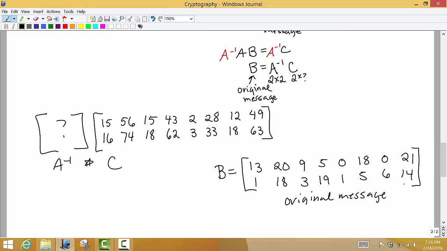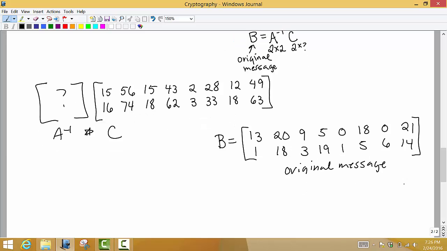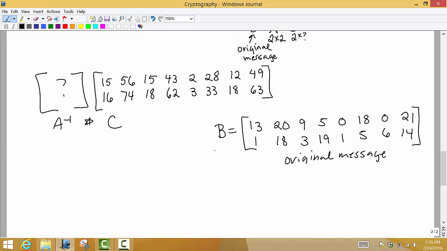So I'm going to decode that. We're going to go back up to how the letters were actually numbered. First of all, let's write out, remember it's zigzag, so as I read it off, I have to go down the columns. So I'm going to read down here, and then down this way, and then down this way. So I'm going to write out my numbers here. 13, and then 1. And then I'm going to go back up to 20. And then 18, and then I'm going to go back up to 9, and then 3, and then I'm going to go up to 5, and then 19.